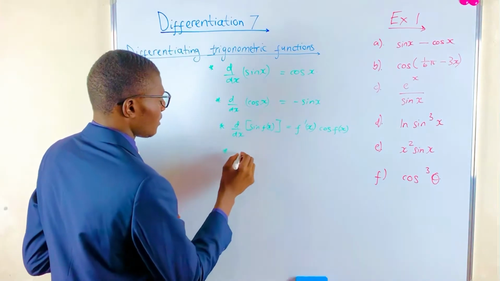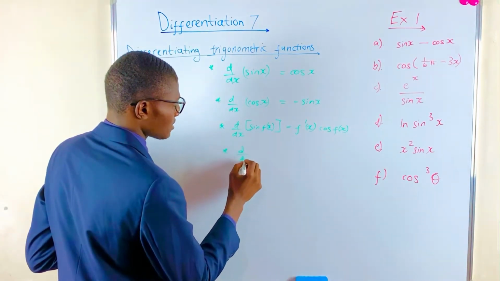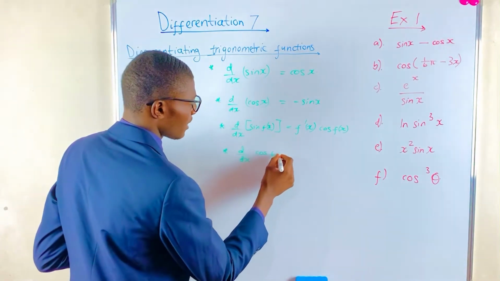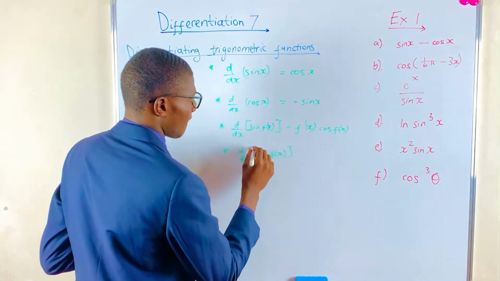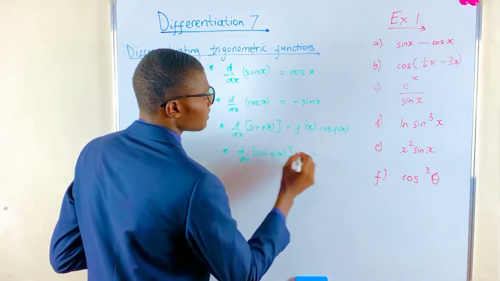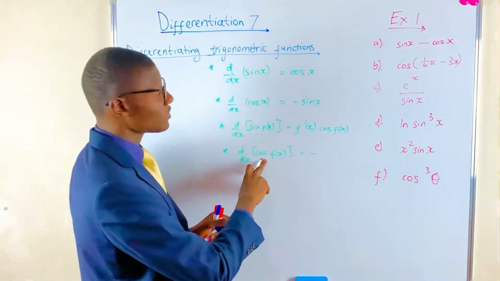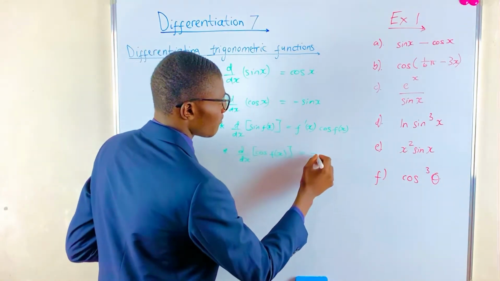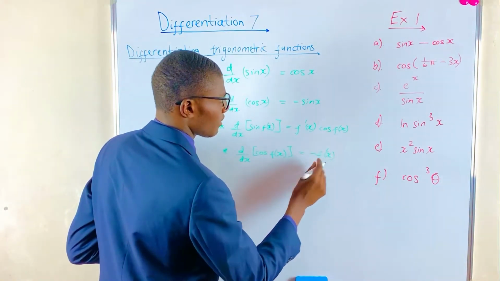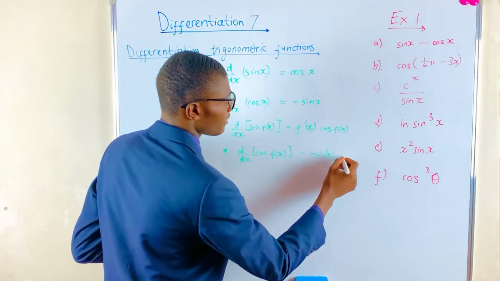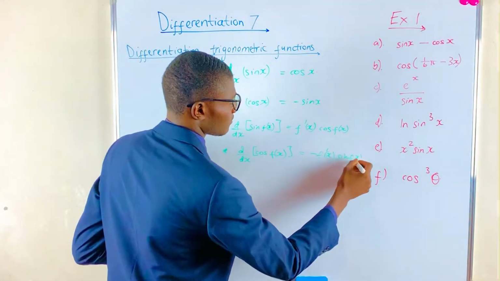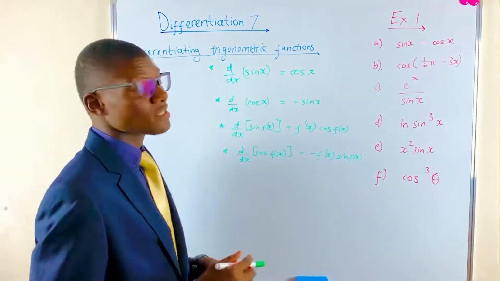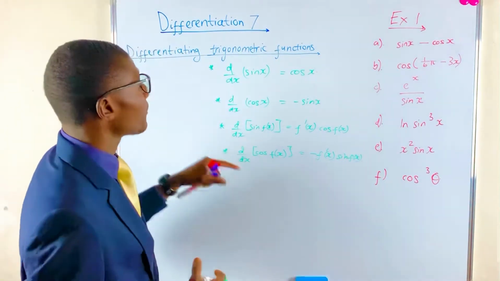Then lastly, d by dx of the function cos f of x would be equal to minus, because we know after we differentiate cos we get a minus sign, so it will be now minus f prime x times sine f of x. So these are the quotable results that we're supposed to use and we're required to know.